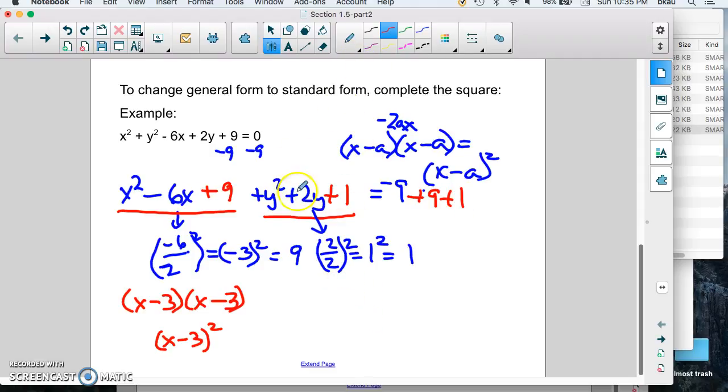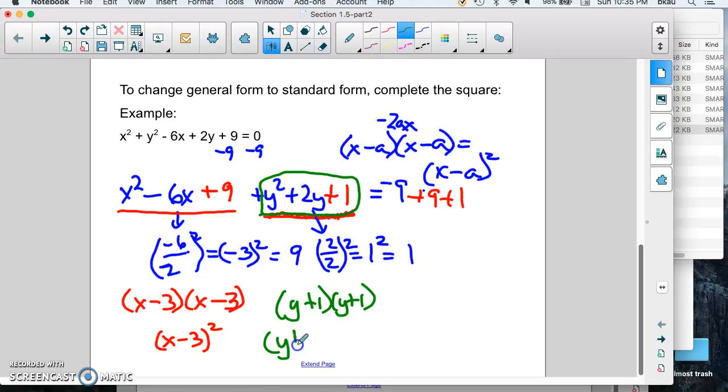Now this part right here can be factored just like we factored the first three terms. So this part here factors into y plus 1 times y plus 1, which is going to be y plus 1 squared.